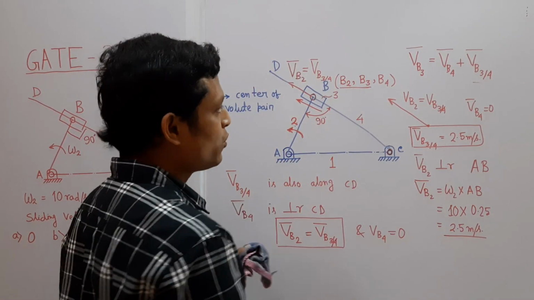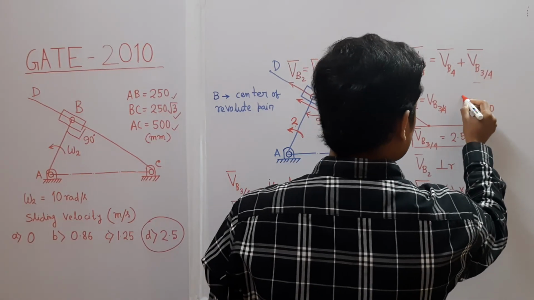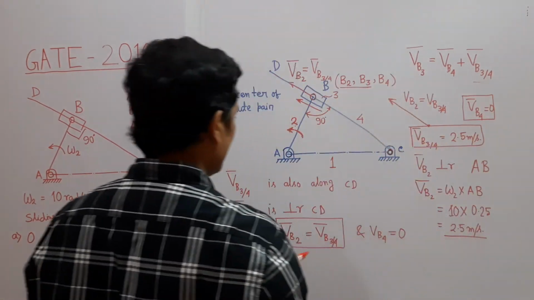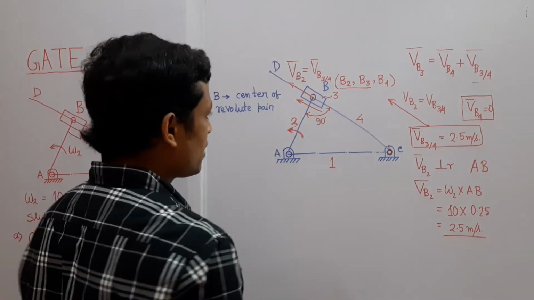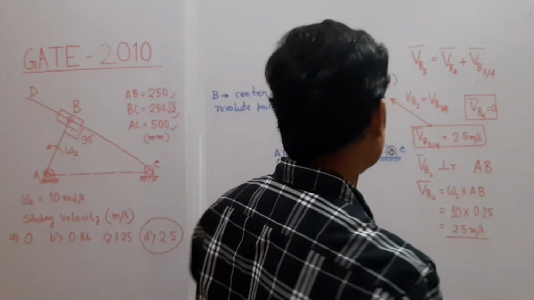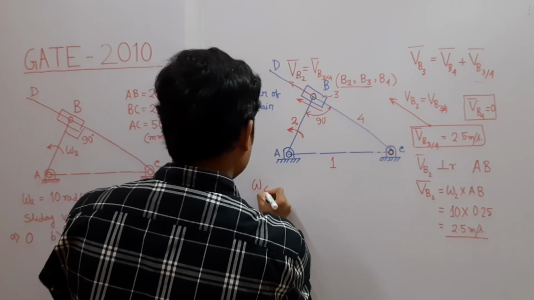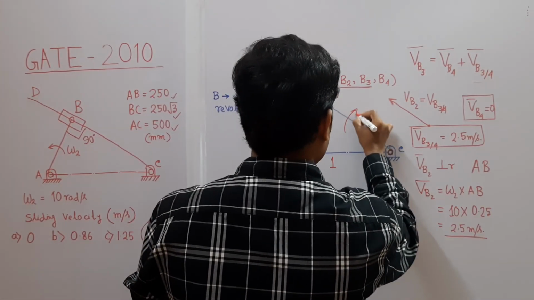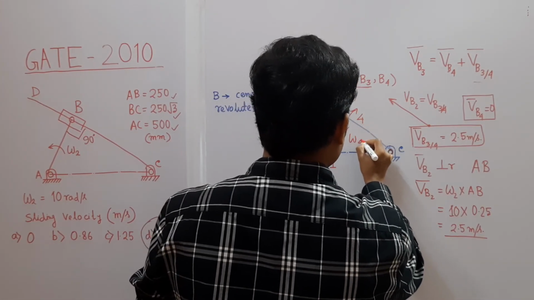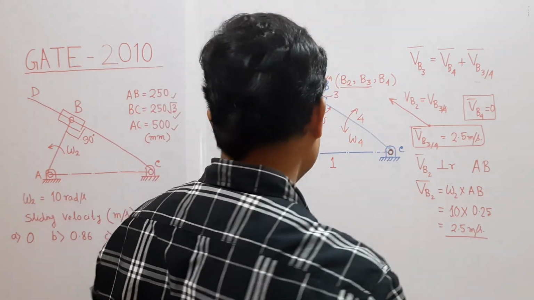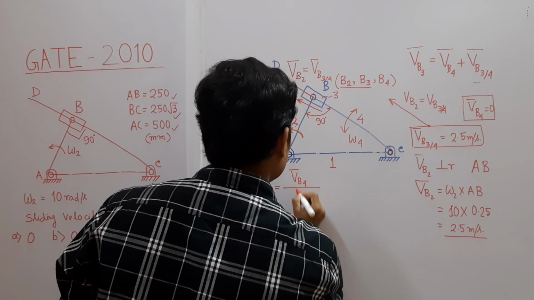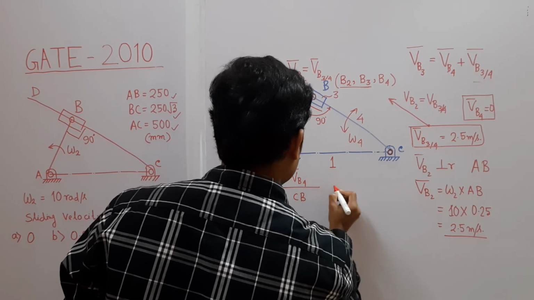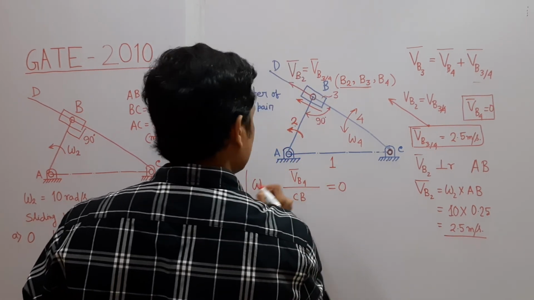Now what we have observed is that at this instant V4 is equal to 0, so the velocity diagram becomes a line. So what will be omega 4, the angular speed of link number 4, the oscillating link? Omega 4 is V4 by CB. If V4 is 0, then omega 4 is 0.